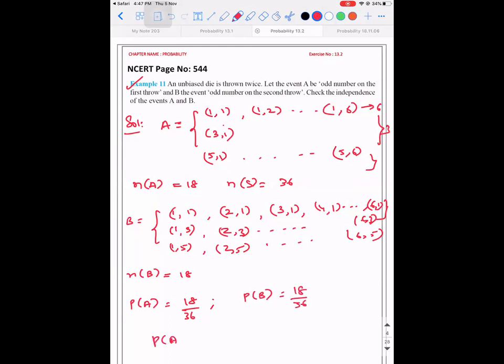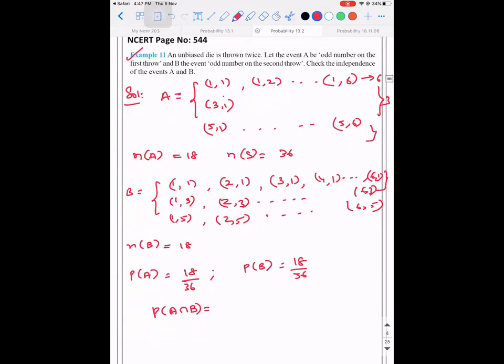What is the probability of A intersection B? It means odd number on the first roll and odd number on the second roll. How many will you have?